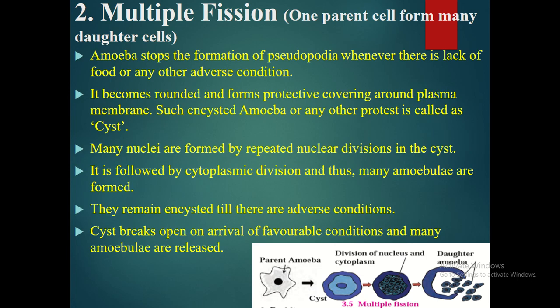Inside it performs repeated nuclear division, and later cytoplasmic division to produce many small amoebulae. These amoebulae remain encysted inside until favorable conditions come. When conditions outside are favorable, this cyst breaks and releases many small amoebulae.